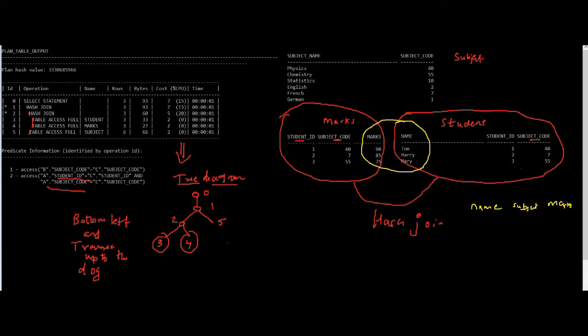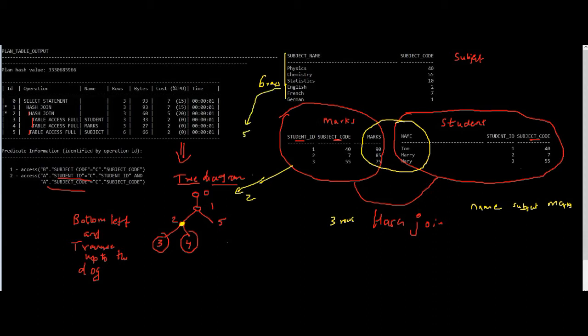So to do this, Oracle does a full table scan of subject table, and it has a lot of rows, around 6 rows, and this data set for the hash join has 3 rows. Okay, so next step is, we are here, we have this query, this data set is 0.2 and this data set is 0.5.